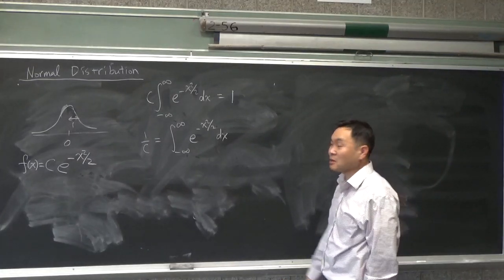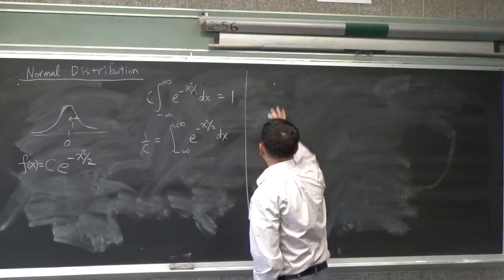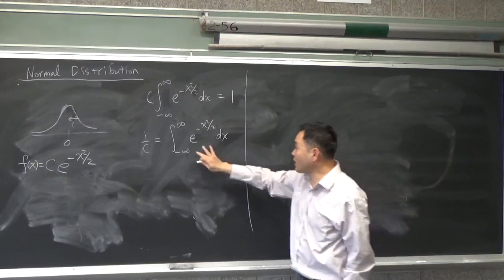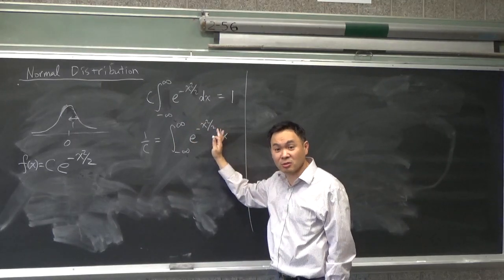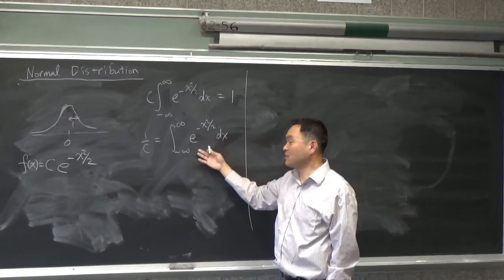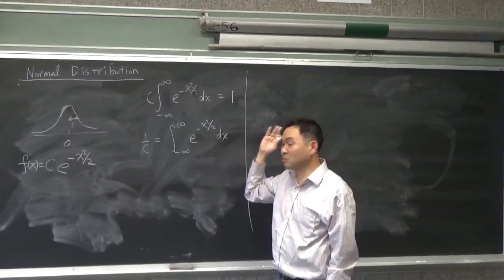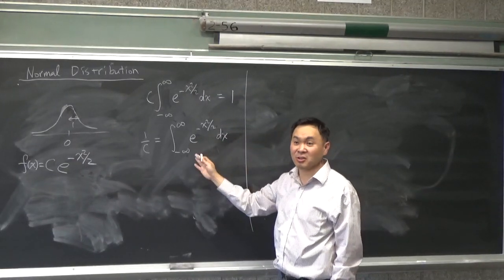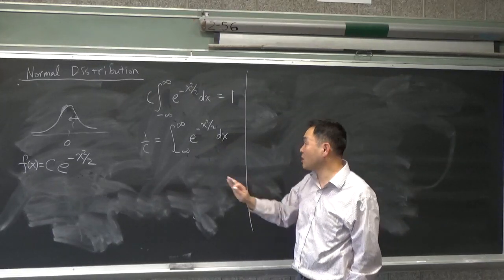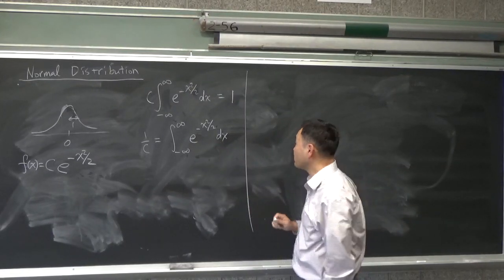All right, so let me show you a nice trick that every engineer should know. This integration is called the Gaussian integral, and it appears in physics, it appears in math, it appears in engineering. So many places you're going to see this. So you should really try to learn what this is. Okay?